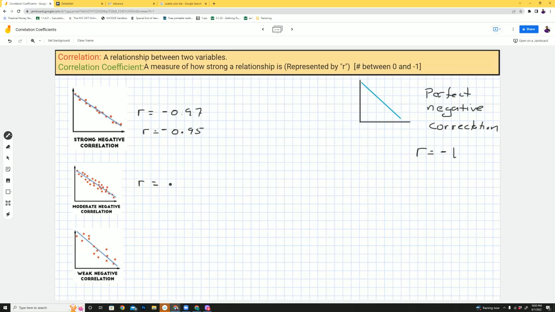This could be r equals negative 0.5 or negative 0.55. Or a really weak negative correlation. This could be r equals negative 0.25 or r equals negative 0.15. How close it is to making a straight line is how strong that relationship is.